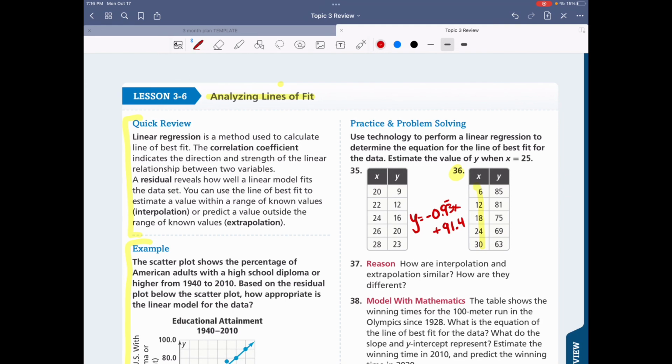And then we need to estimate when x is 25. So we're going to plug in 25 for x. So negative 0.93 times 25 plus 91.4. And you can do that in a calculator.